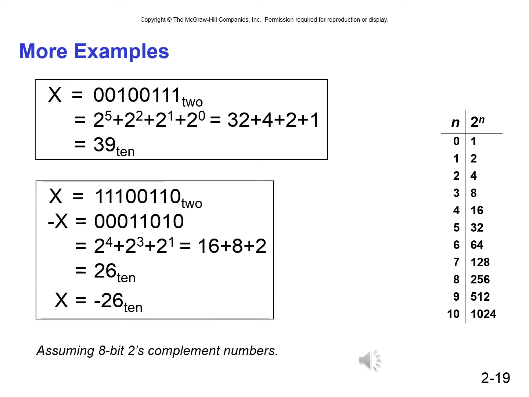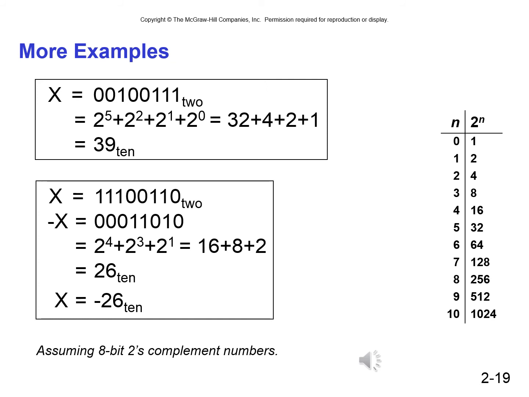The second example, 1110 0110 base 2, is obviously, well, maybe not obviously, but I should say it's a negative number. Why? Because the most significant bit is a 1. So we're going to flip all those bits, right? And we'll add 1.